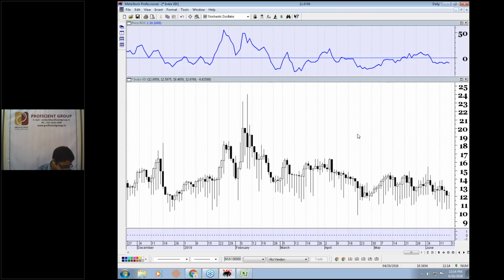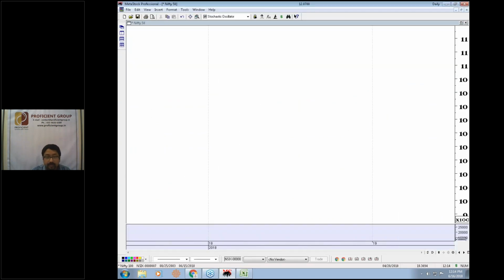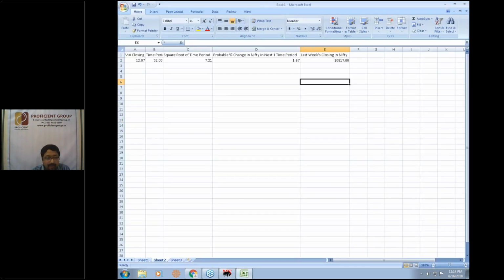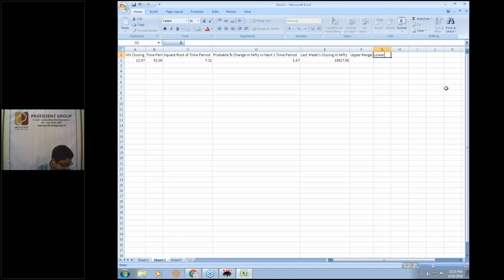So that is 10,817. So 1.67% to the upside of this value and 1.67% to the downside of the value. That is the probable range of Nifty, upper range for next week and lower range for next week. So what will be the upper range?